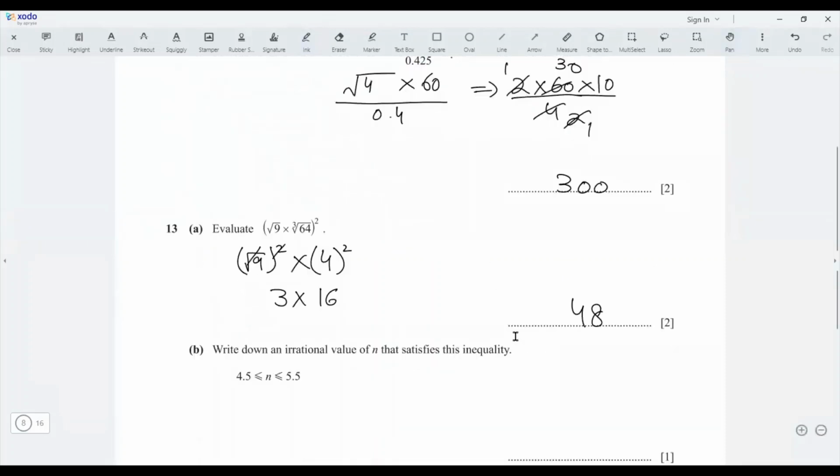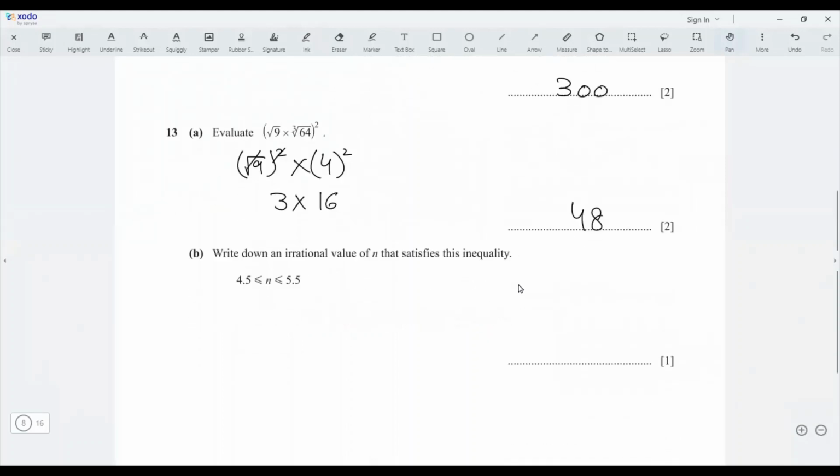So moving to part B. In part B, we have to write down an irrational value of n that satisfies the inequality. Irrational means any number that is non-terminating plus non-recurring. We can write down any number greater than 4.5, for example 4.6127435 and so on.